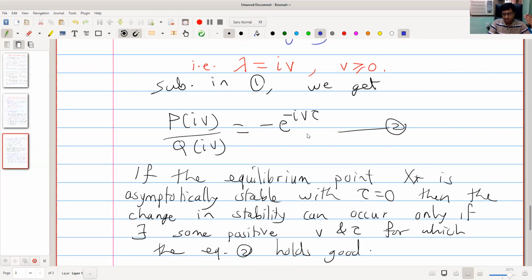So tau satisfying this equation is tau star. Everything is known except tau. Or we may take logarithm. So what happens if we take log? We put minus on both sides, so log of minus P of i v star by Q of i v star equals log of e raised to minus i v star tau, so we need to divide by i v star.